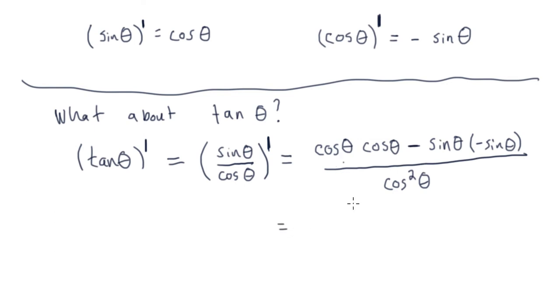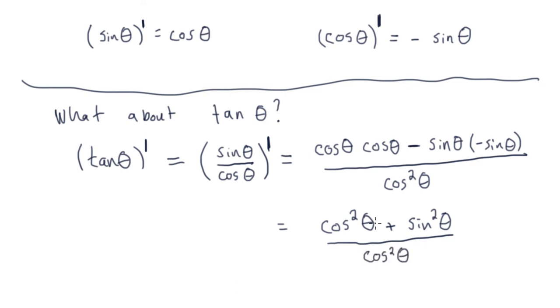But look at this. What's the numerator? This is cosine squared theta. This is going to be minus sine squared theta, but I'm subtracting it, so it's actually plus sine squared theta. The two negatives become a positive. All over cosine squared theta.